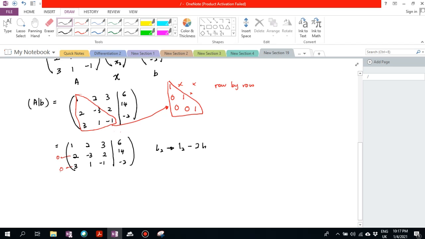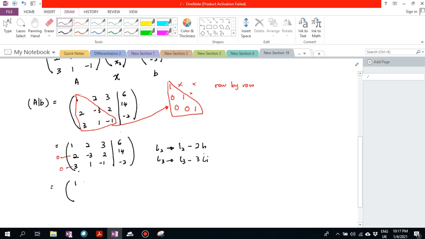And then we want it to become 0 here, so for R3, it is R3 minus 3R1, because this is 3. When we do this, the first row remains the same.